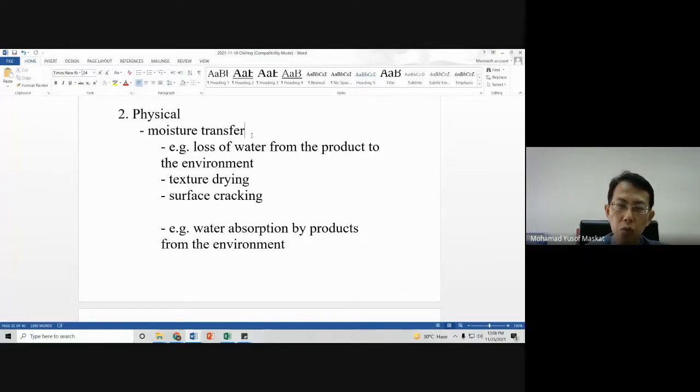So that's why vegetables or plants that do not have enough water will start to become limp, layu, because of loss of water. But when we add water, then it becomes more rigid again. So loss of water from the product to the environment causes texture drying and also surface crackings.